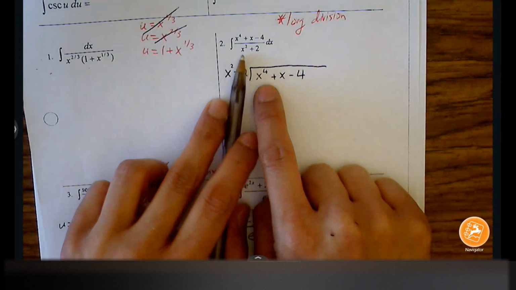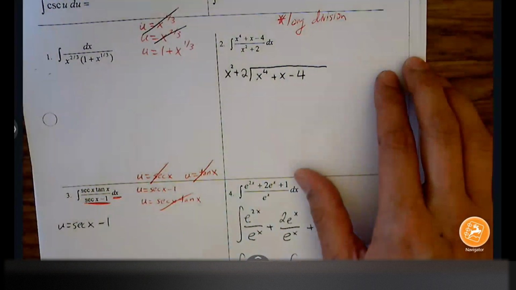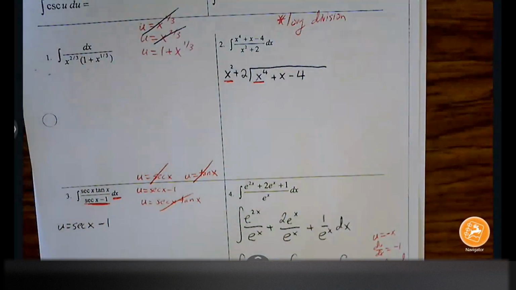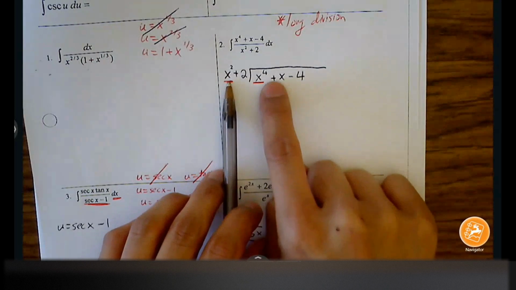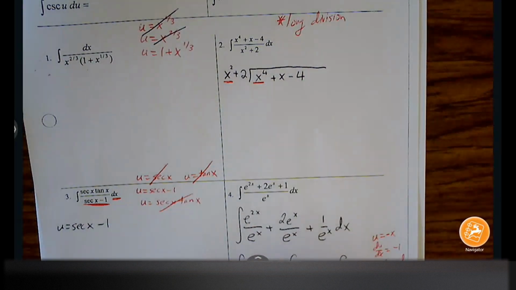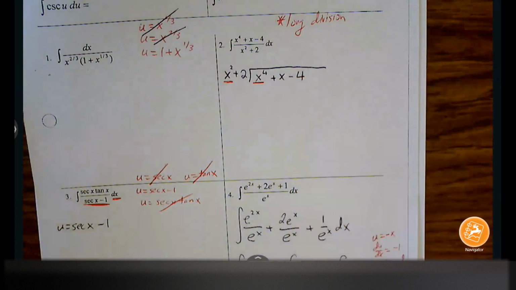So we have to do long division here, right? That x squared is a little high. All right, so first things first, x squared times what gives me x to the 4th? x squared, right?